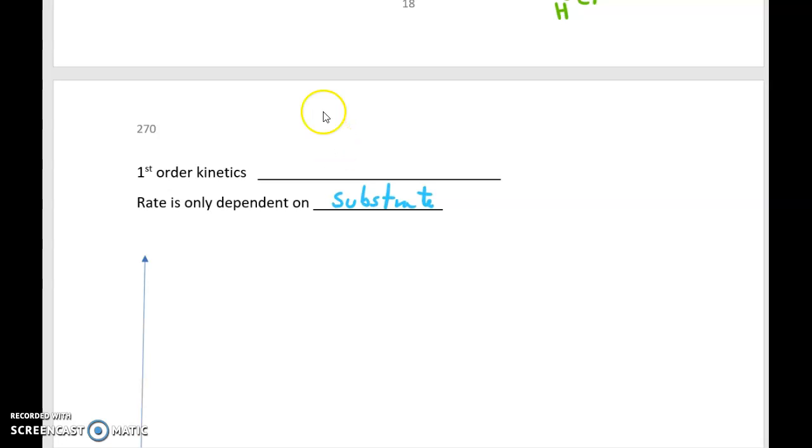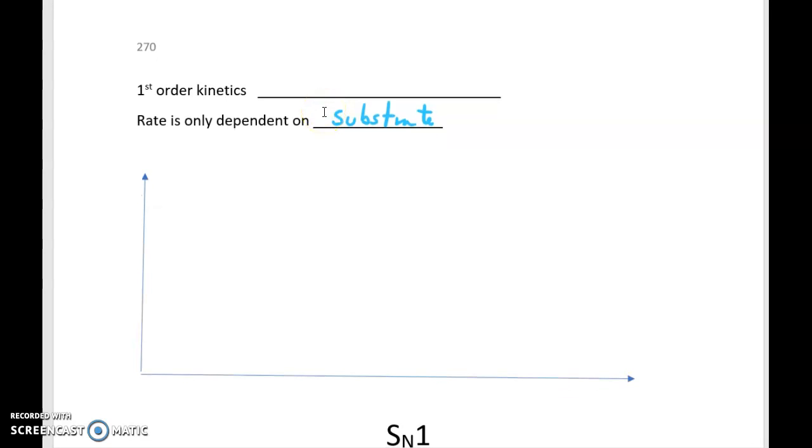And this is what we would expect the reaction diagram to look like. We'll start down here. I'll have kind of a big hump, and then another hump, and then a third hump.